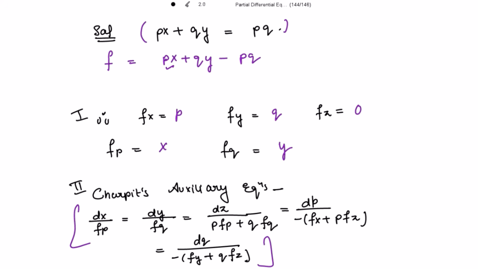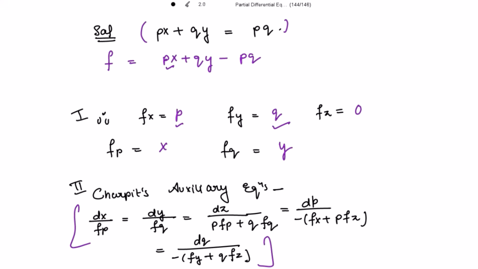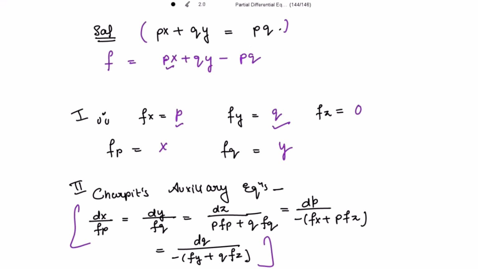Now when putting all these values, we get dx divided by fp, that is p. So it is dx divided by p equals to dy divided by fq, that is q. Then dz divided by p into fp. fp is x and fq is y.